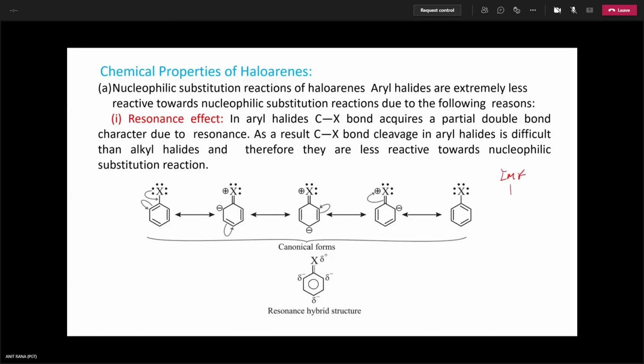Those who want to write, they can write: IMF is divided into two major types. One is hydrogen bonding and another is van der Waals forces, which are further divided into three categories: dipole, induced dipole, and instantaneous or dispersion forces, which we call London dispersion. Leaving induced dipole, you should know dipole and dispersion. Whenever I'm talking about any polar molecule, I mean dipole.